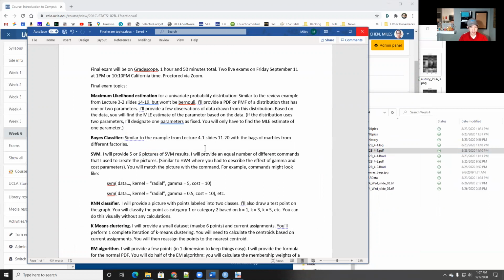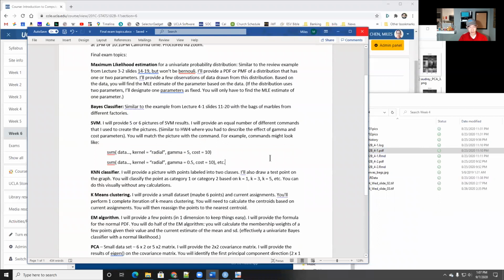And then you'll have a problem with SVM, and you'll have pictures of SVM results for data in 2 dimensions. It will be labeled, class 1 and class 2, and there are going to be some boundary lines drawn.